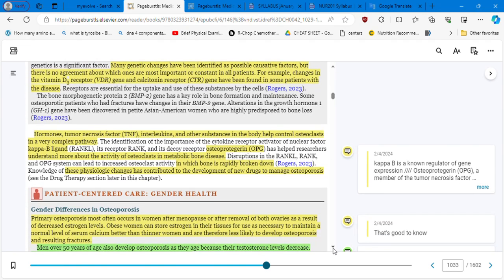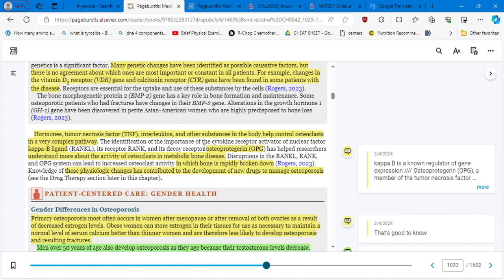Hormones, tumor necrosis factor, interleukins, and other substances in the body help control osteoclasts in a very complex pathway. And here there are other participants like nuclear factor kappa B. Actually, the full name is receptor activator of nuclear factor kappa B. Osteoprotegerin, and these factors help us understand more about the activity of osteoclasts in metabolic disease.